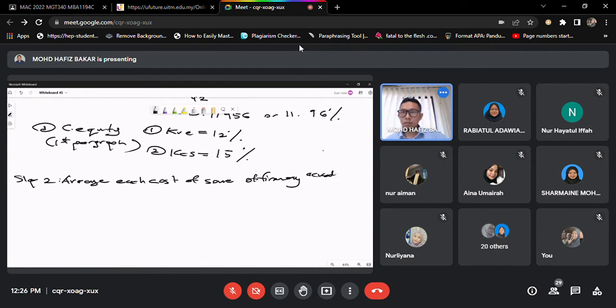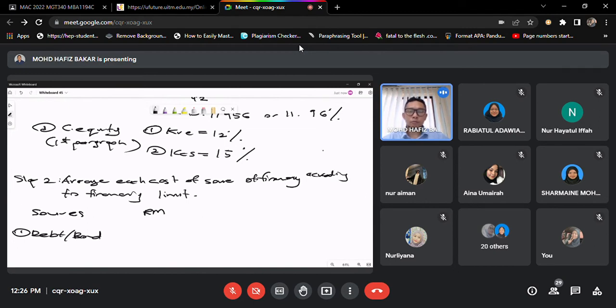Okay, arrange. So how to arrange? We have to make a table. Okay, sources. First is debt or bond. And then what is the financing limit?